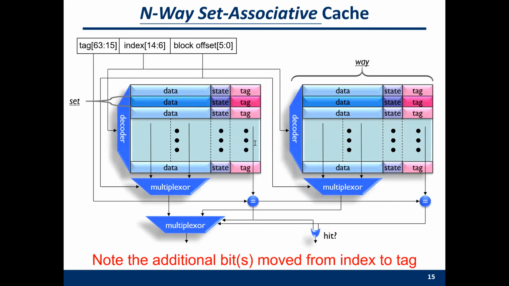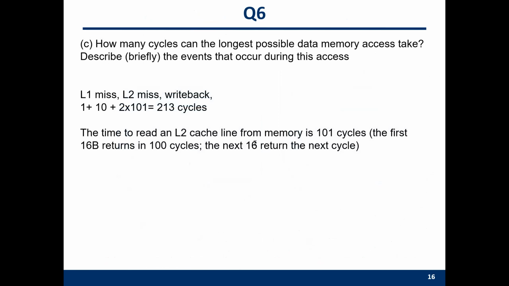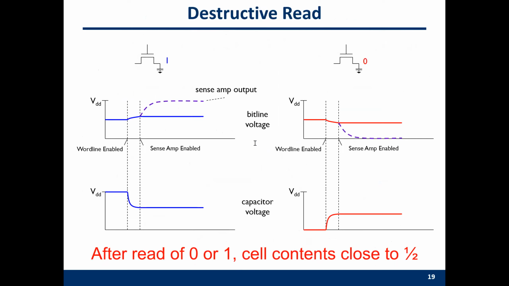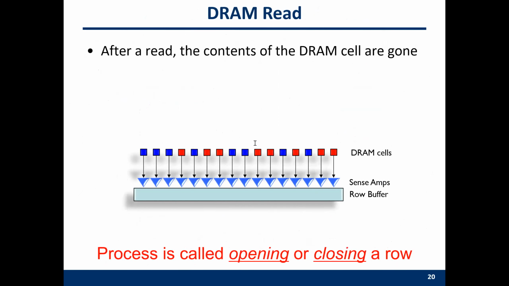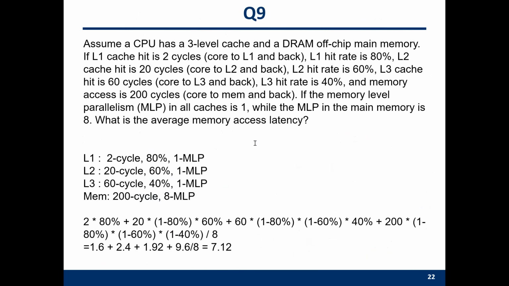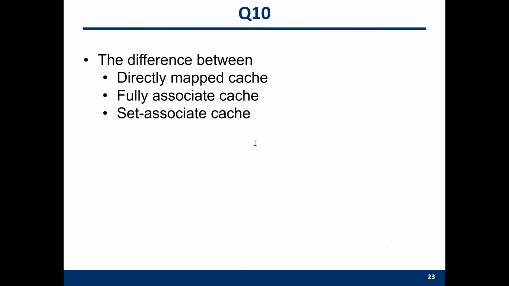And during these calculations, of course, we will have a cache and a DRAM. And we will also cover some basic knowledge of the DRAM, for example, the open page policy, the closed page policy. And then the cache. At least you need to understand the difference between fully associative, direct-mapped, and semi-associative cache.